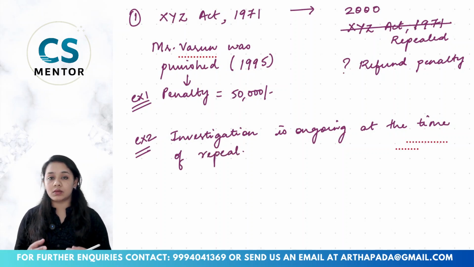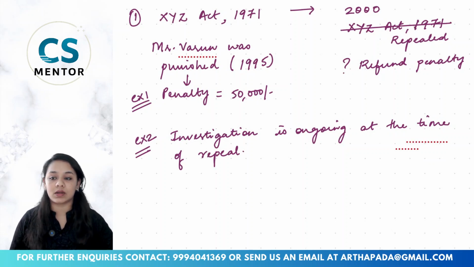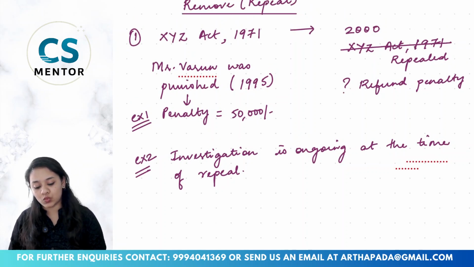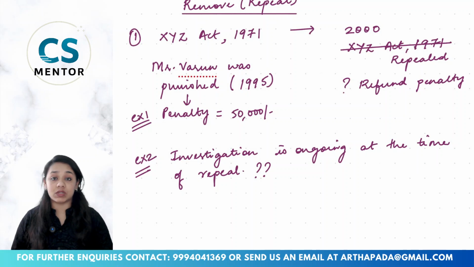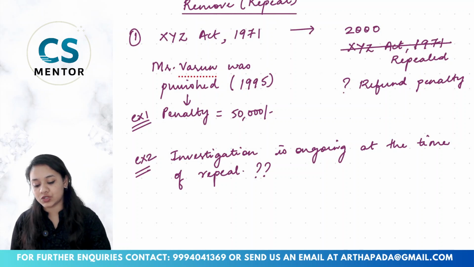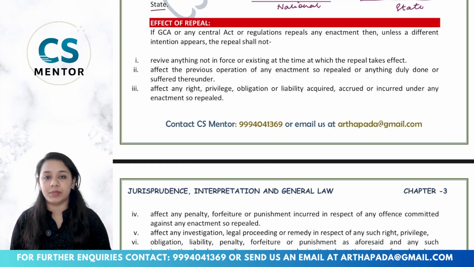So that means the authorities are investigating this person and have not yet started proceedings against this person at the time that this law stands repealed. Now the question is, what happens to this investigation? Does it come to a stop? Does it continue? Can you punish a person after the investigation, even though the law no longer exists? Well, to answer these questions, we have the next section, that is effect of a repeal.